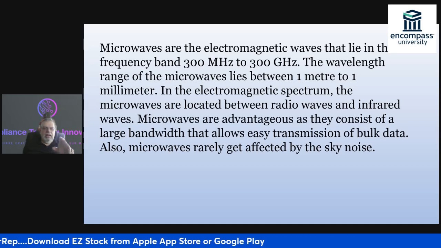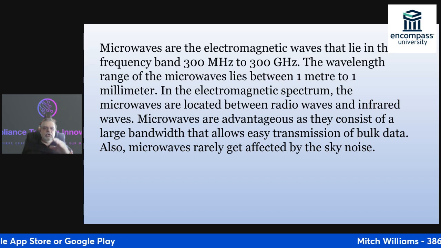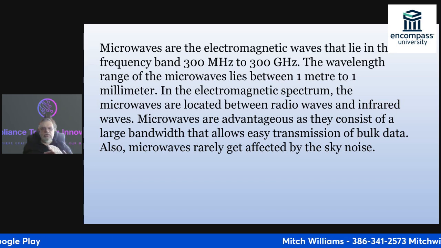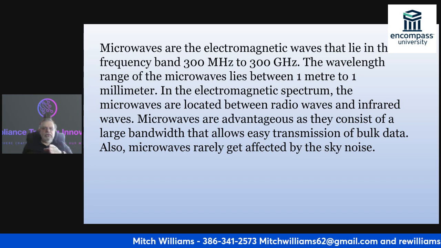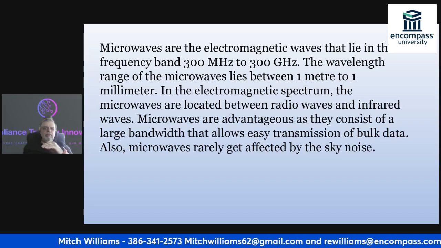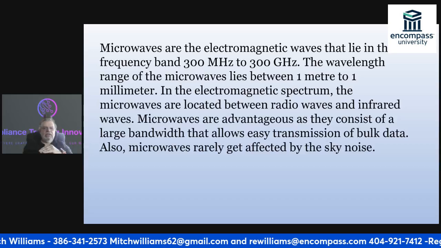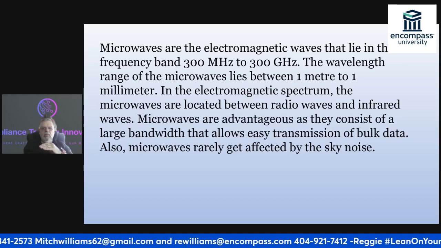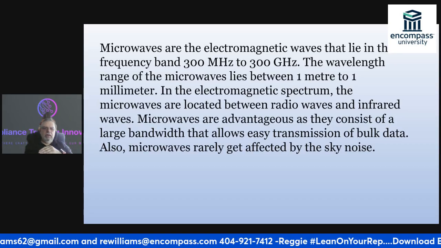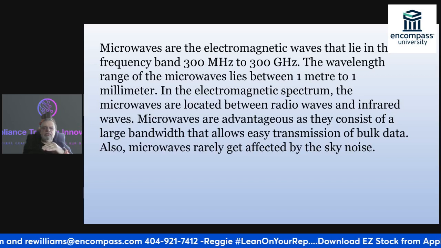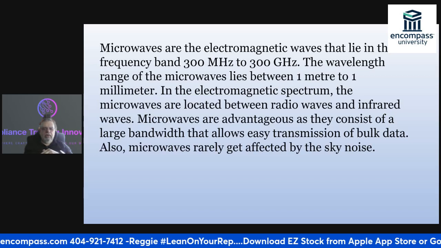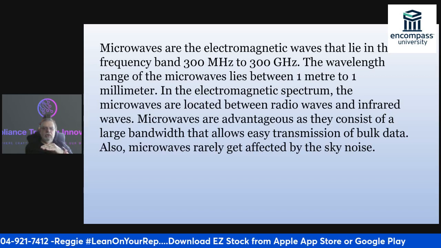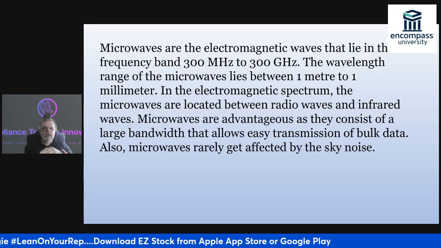Remember MHz and GHz: the M would be megahertz, and gigahertz. The wavelength range of microwaves lies between 1 meter and 1 millimeter. In the electromagnetic spectrum, microwaves are located between radio waves and infrared waves.